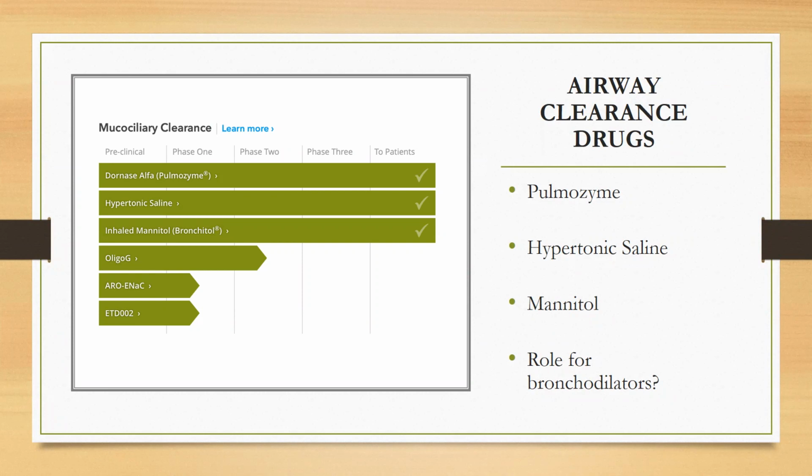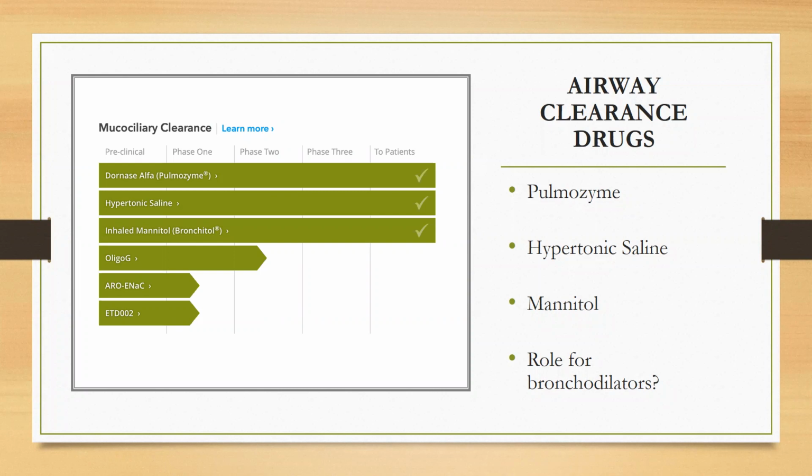The only issue is a very common trouble is coughing and wheezing, especially if these patients have underlying asthma or any other reactive airway disease, so it's not tolerated very well. And now mannitol is only really recommended as a second-line therapy if you have failed usage of Pulmozyme and hypertonic saline.